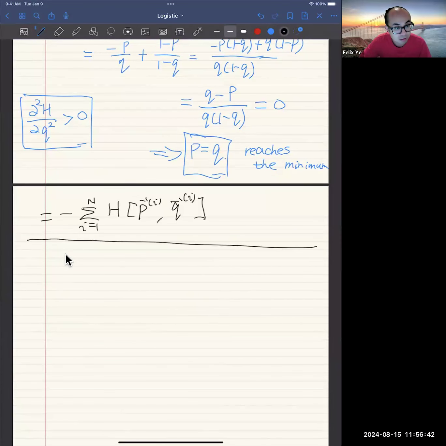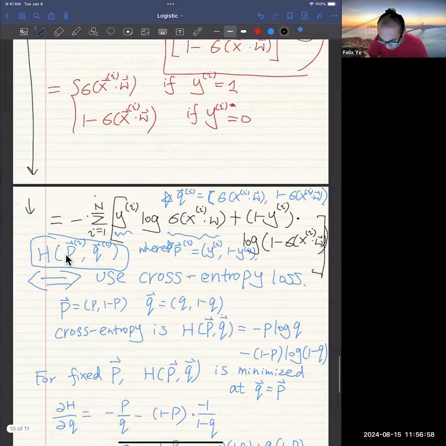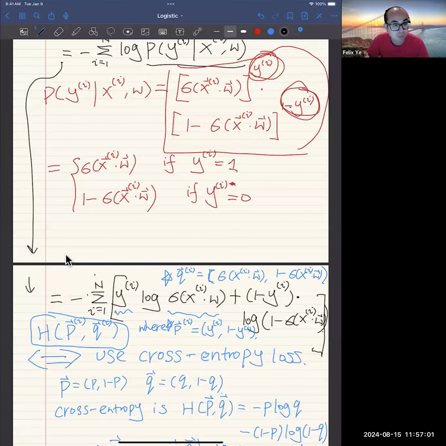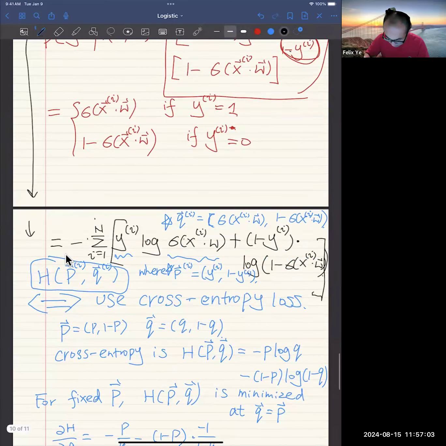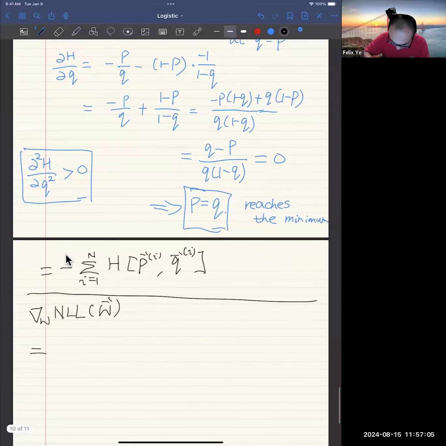is we all know we need to find the gradient of this negative log likelihood. So this is extremely important. So let's find out one by one. So this is, we have this minus summation.